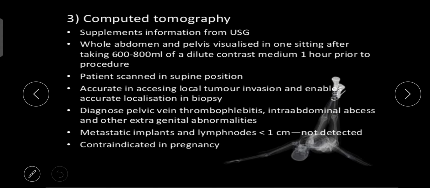The patient is scanned in supine position; it is accurate in assessing local tumor invasion and enables accurate localization in biopsy. It diagnoses pelvic pain, thrombophlebitis or intra-abdominal abscess and other extragenital abnormalities. Metastatic implants and lymph nodes may not be detected if very small, because in some cases they are not detectable in the sonography or any other test.